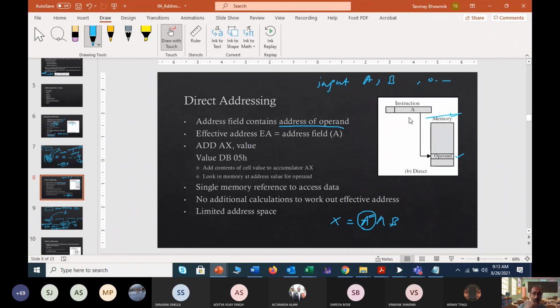I hope I was able to make it easier through this real life example. If you read it once, it will be crystal clear. And as I told you, we will stop now. After this class also you can clear it.